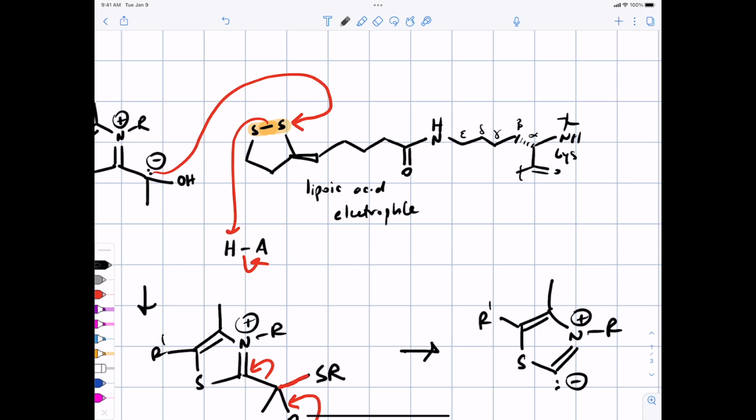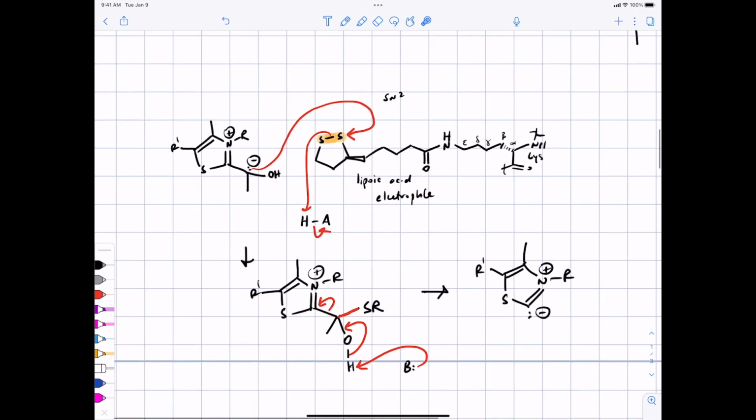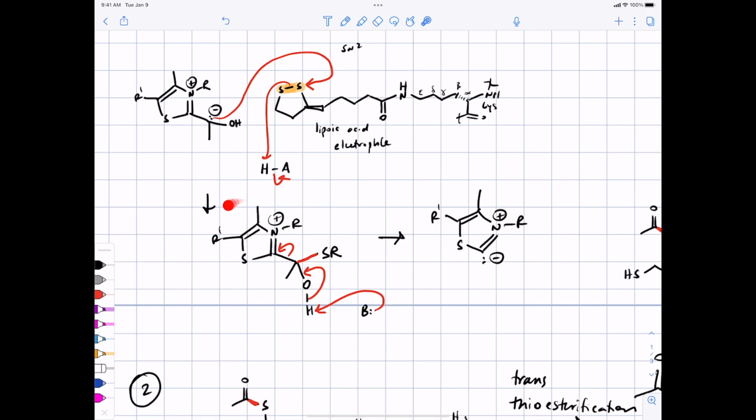So this is sort of an SN2-like step. We attack a weak sigma bond, form a new carbon sulfur bond, and break a weaker sulfur-sulfur bond. RS minus is the leaving group, which picks up a proton as it leaves. And so then we have this intermediate. I have abbreviated all of the rest of this as SR. You now have a carbon that's attached to an oxygen, a sulfur, a carbon, and another carbon. This is our original thiamine nucleophile, which is going to act as a leaving group.